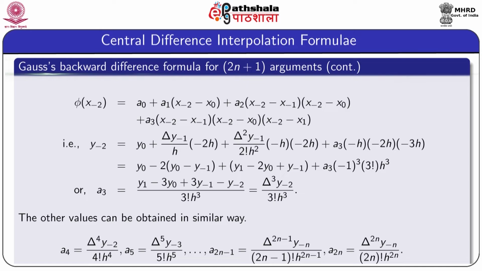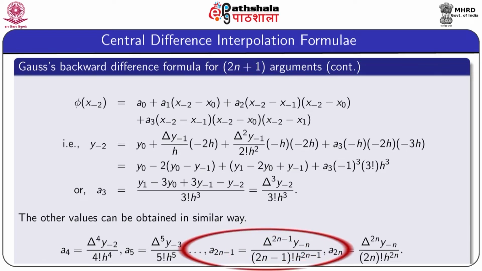And similarly, we obtain the value of a3, which is equal to delta 3 y_{-2} divided by factorial 3 into h cube. The other values can be obtained in a similar way, such as a4 equal to delta 4 y_{-2} by factorial 4 h to the power 4, a5 equal to delta power 5 y_{-3} by factorial 5 into h to the power 5, and so on.